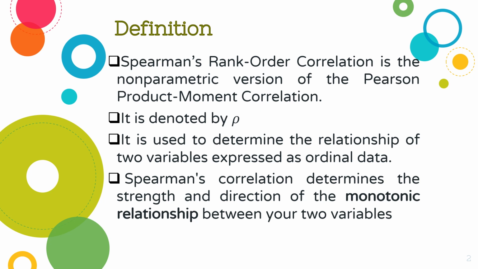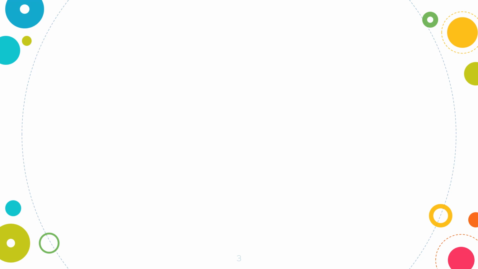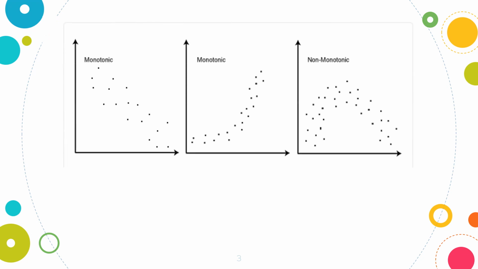For Pearson, linear relationship; for Spearman, it is the monotonic relationship between two variables. So what does this monotonic relationship mean? Okay, so this is an example of the scatter plot graph of a monotonic relationship. So what is a monotonic relationship?